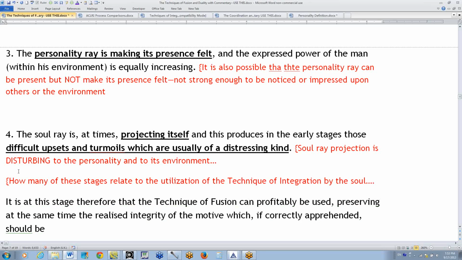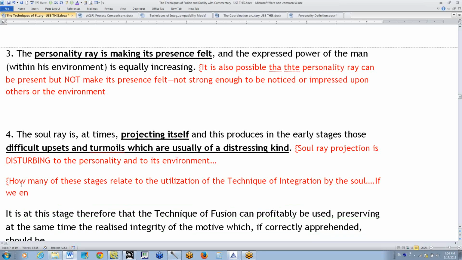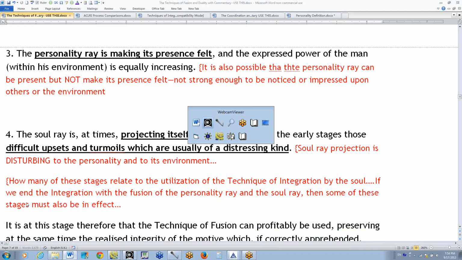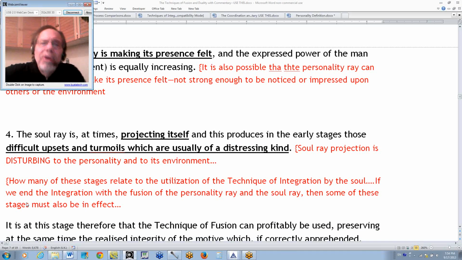Well, if we end the integration with the fusion of the personality ray and the soul ray, then some of these stages must also be in effect. Well, the point is the technique of integration begins much earlier than the technique of fusion.